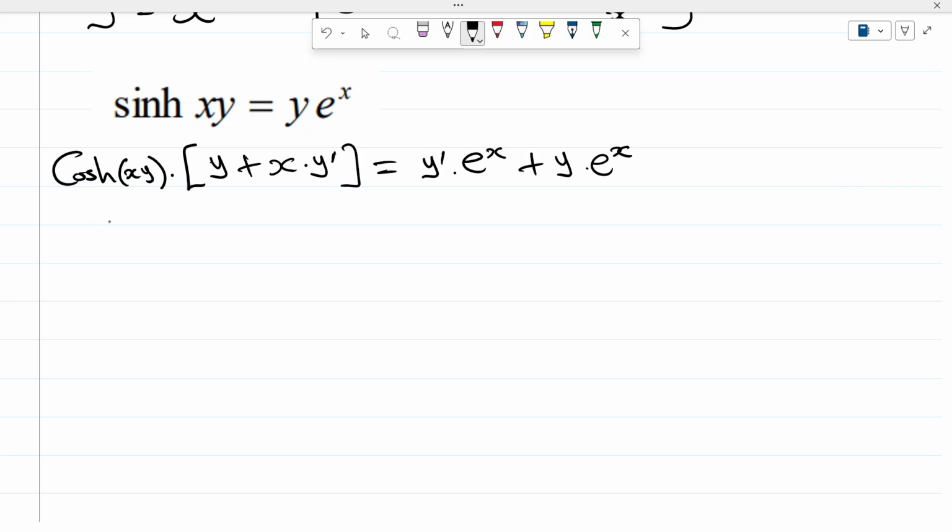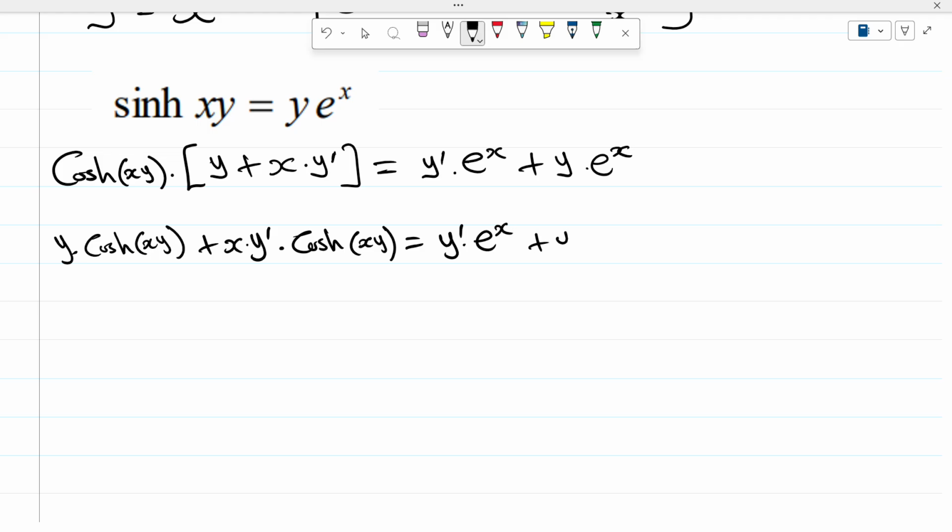So this is going to be y hyperbolic cos of xy plus xy prime multiplied by hyperbolic cos of xy, which then equals y prime e to the power x plus y e to the power x.